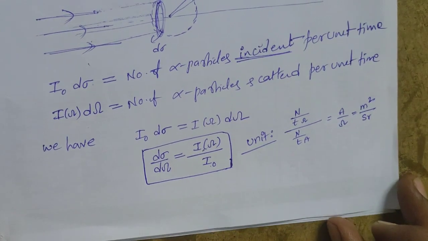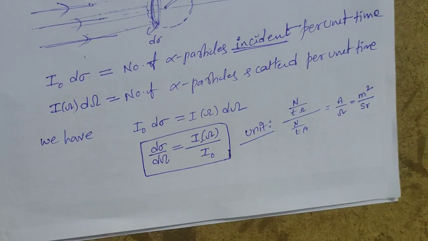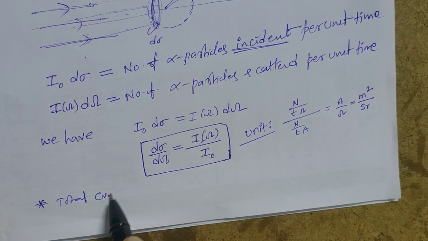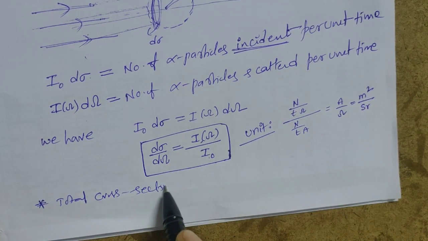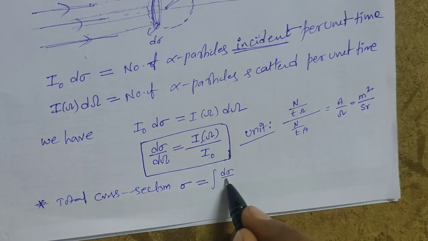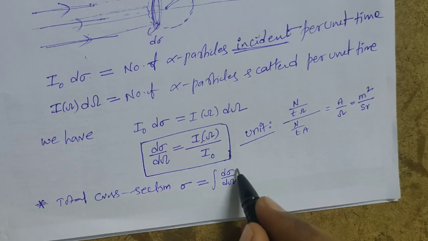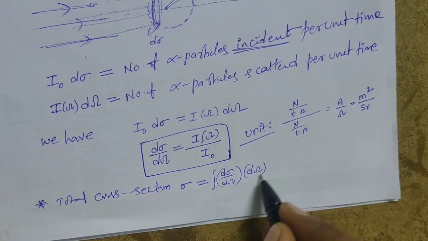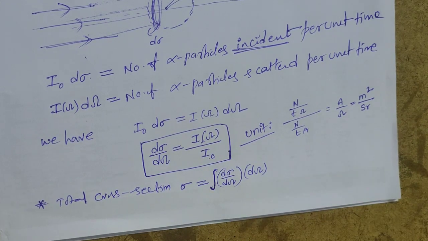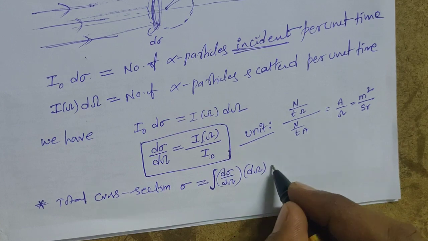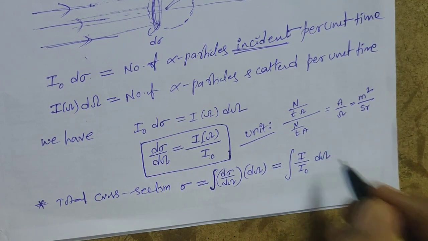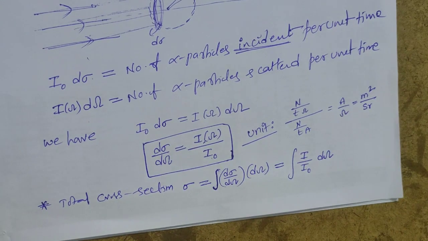So how to calculate the total cross section? Simple, integrate the differential cross section, dσ/dΩ as a function of solid angle, throughout the solid angle, and I'll get the total scattering cross section, simply σ. So here it is I by I naught into the total solid angle. We already know the solid angle.